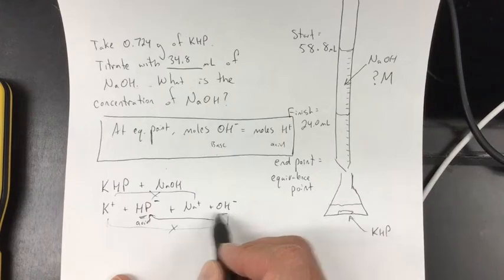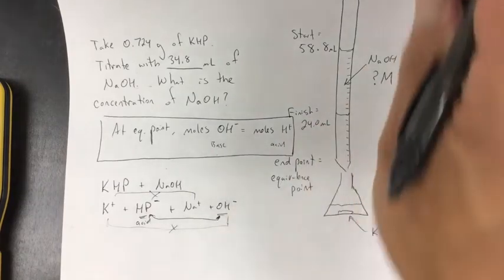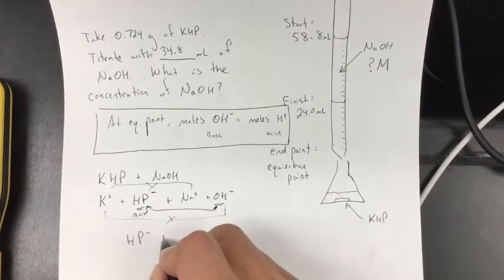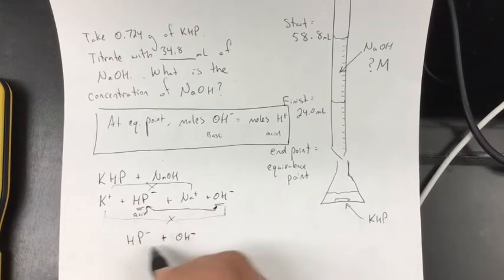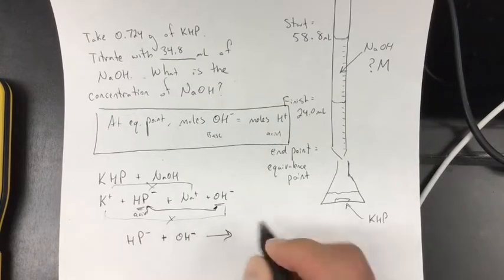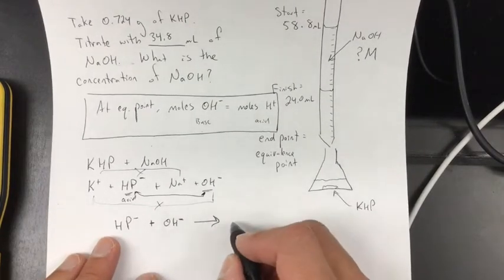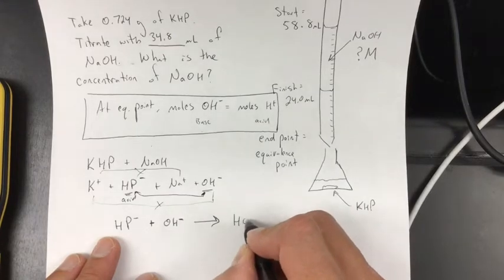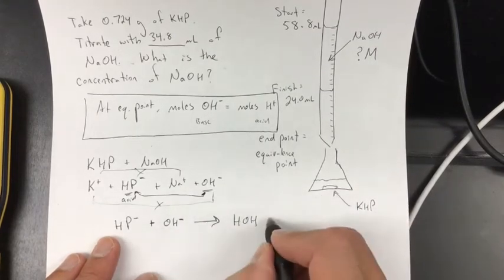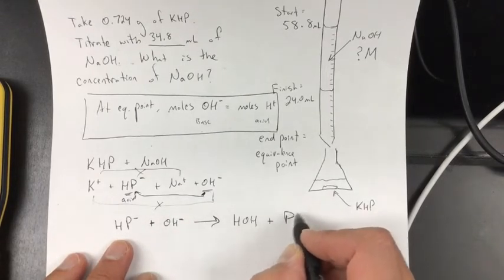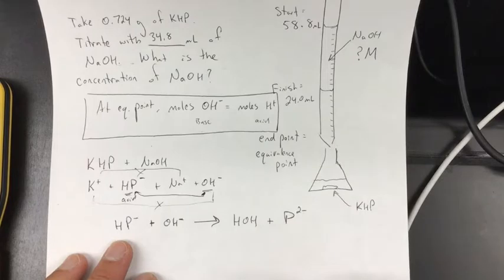And your net ionic equation is kind of funky here, but it's going to be hydrogen phthalate, HP negative, plus my OH minus, because this has got H in it, and OH want to react together. So what's it going to form? Well, we always form water. So I'm going to form water, H2O, or HOH, plus, and this thing ends up being phthalate, the 2 minus charge now.